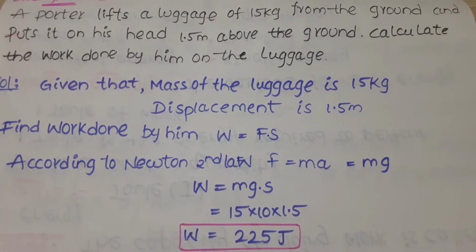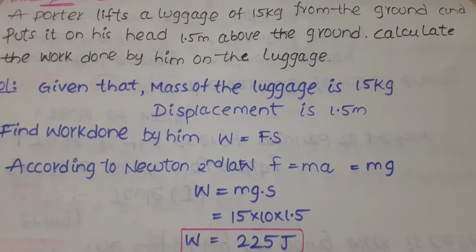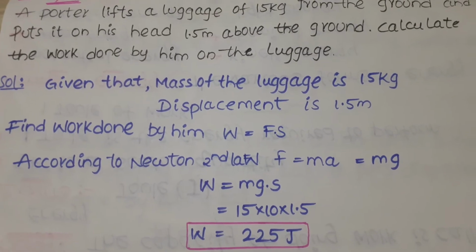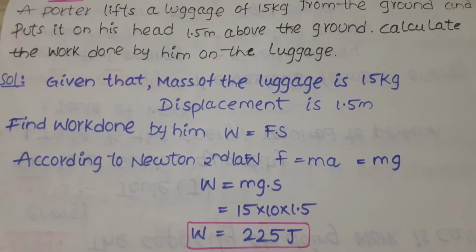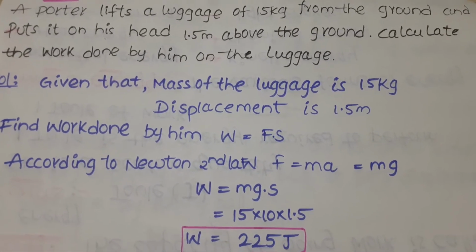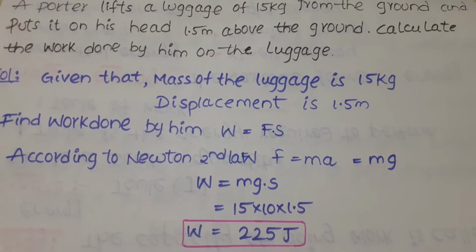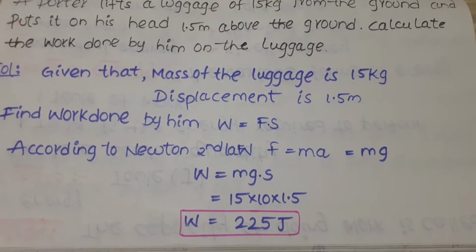We already know Newton's second law. According to Newton's second law, F equal to ma, where m is mass of the object, a is acceleration. Acceleration acts toward the ground, so plus g, F equal to m into g. So substitute F equal to mg.